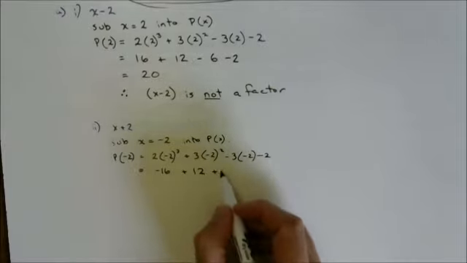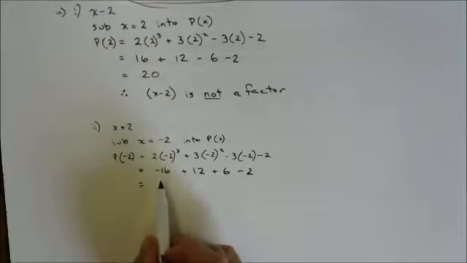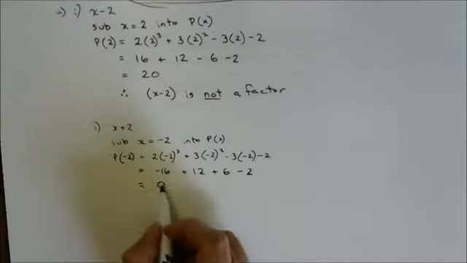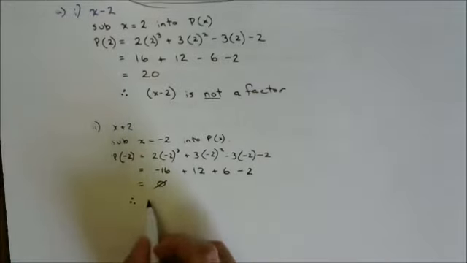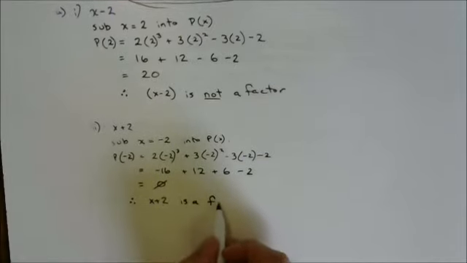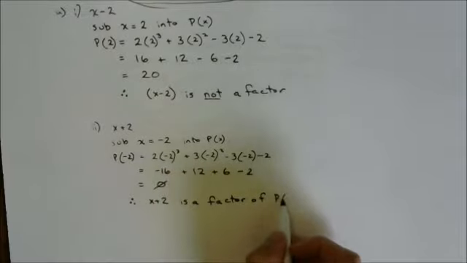We have positive 6 minus 2. My negatives here are 18 and I have 18 positives. This is 0. Therefore, x plus 2 is a factor of p of x.